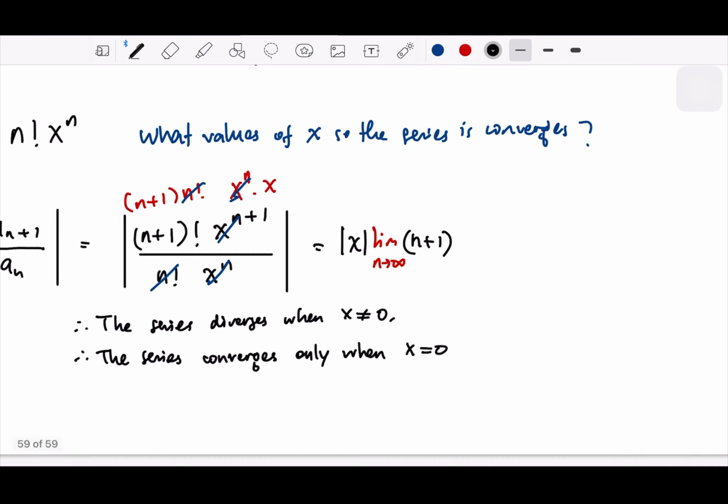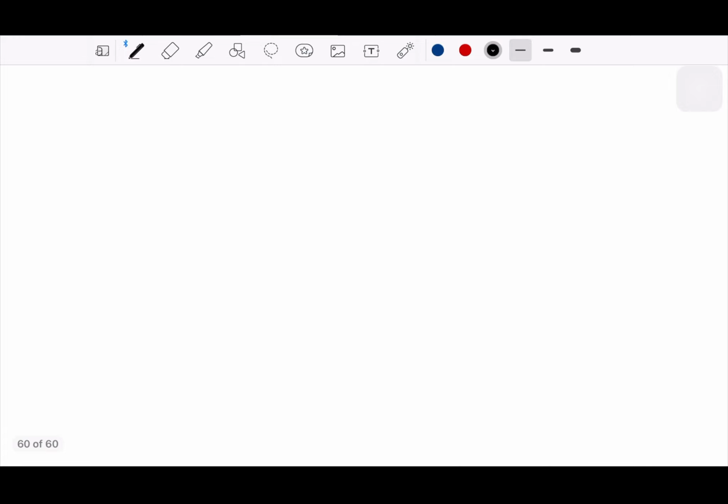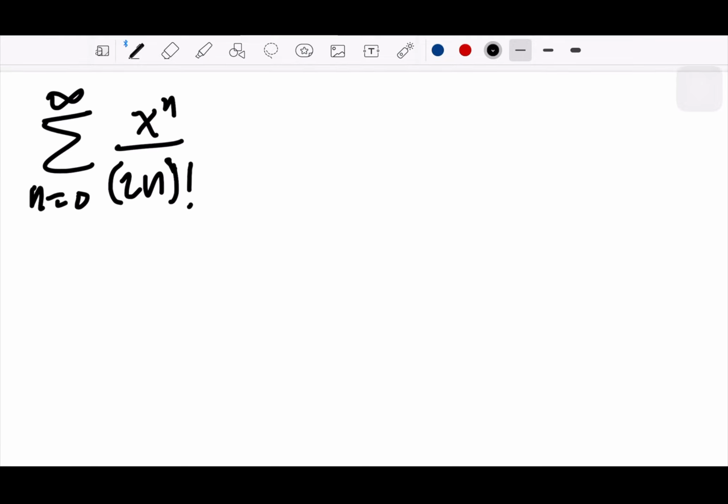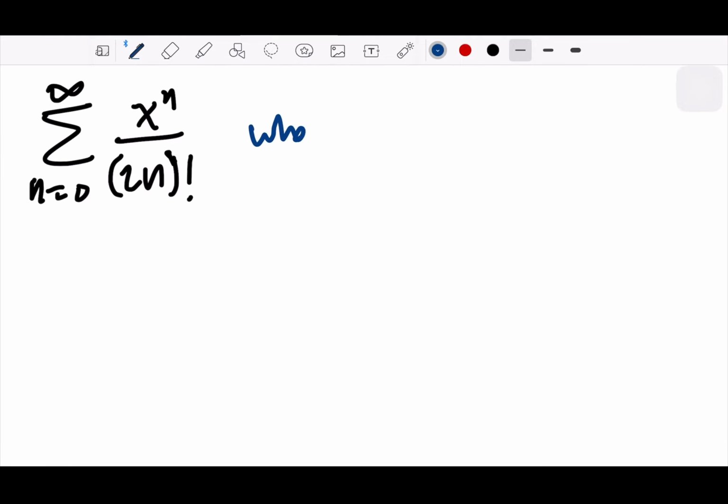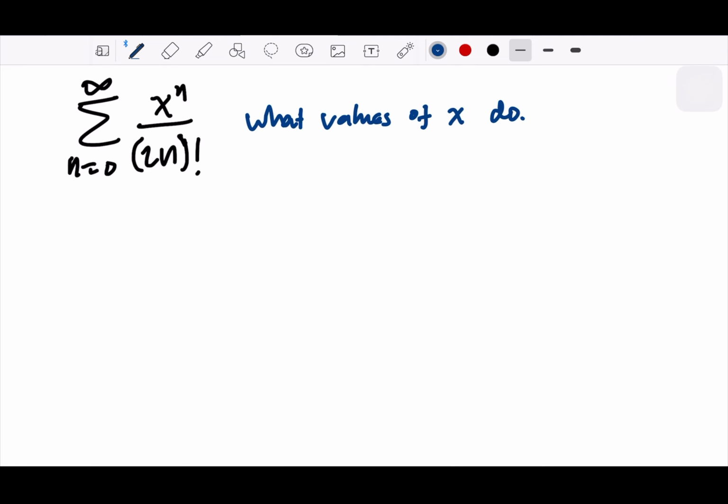So the next example is the series with 2n and factorials. What values of x does the series converge?